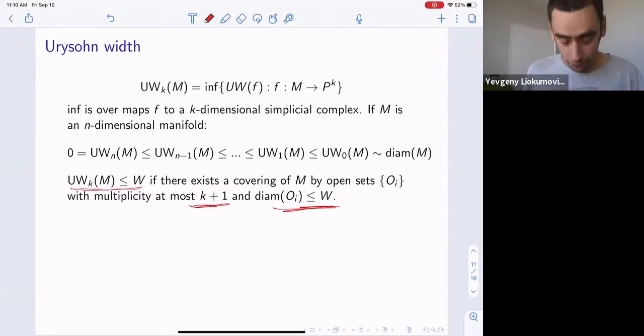So at first it looks like a very different definition, completely different from what we described before, but in fact the proof of the equivalence between these two definitions is not too hard.